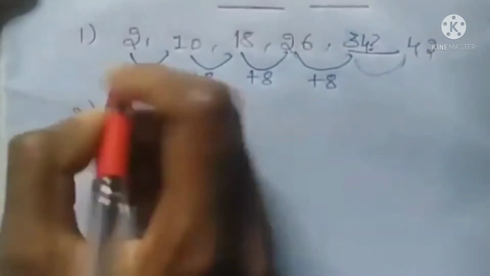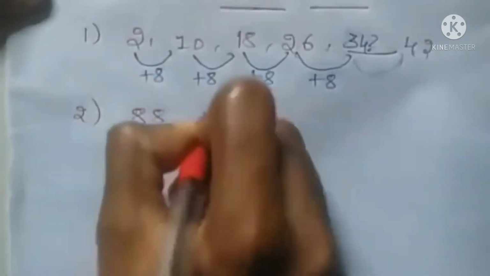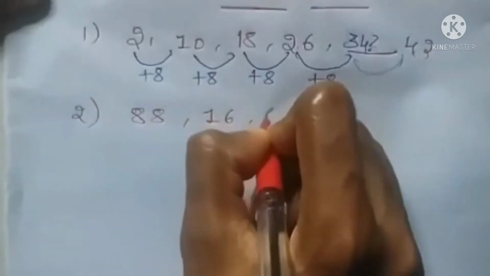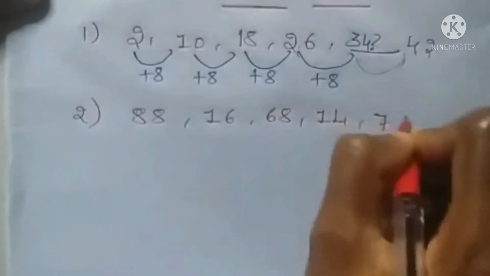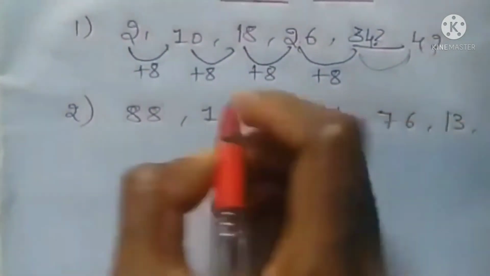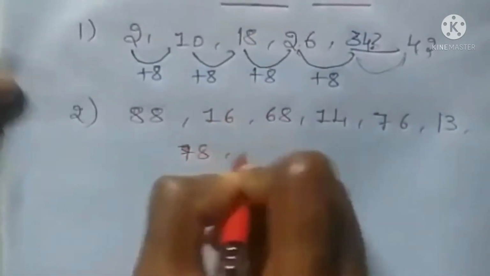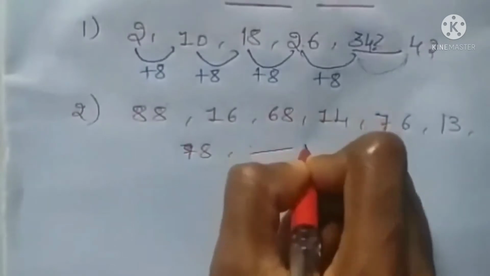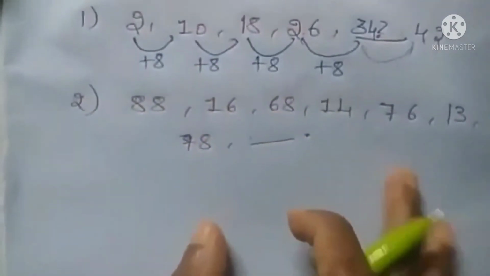Let us see our second question, that is 88, 16, 68, 14, 76, 13, 78, dash. We have to find out the answer. Now just observe for a second.